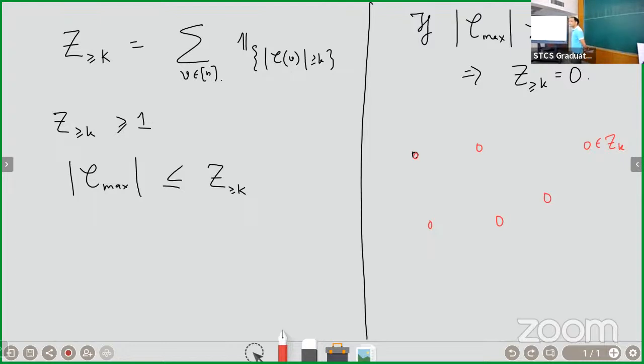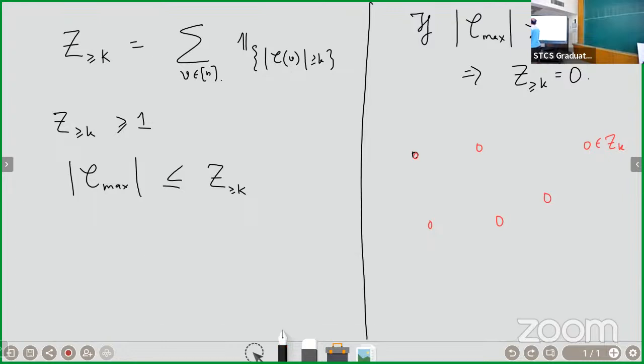As long as Z_k is not zero, it will be containing c max, meaning all the vertices that are associated with c max. Just think about it. Z_k is a decreasing sequence. c max better be sitting to the right of this. Just think of it.